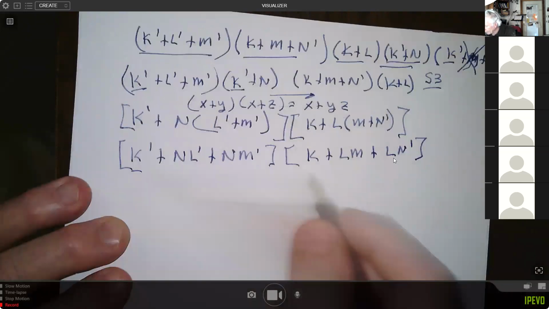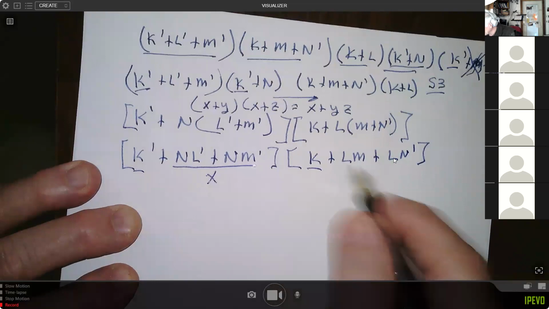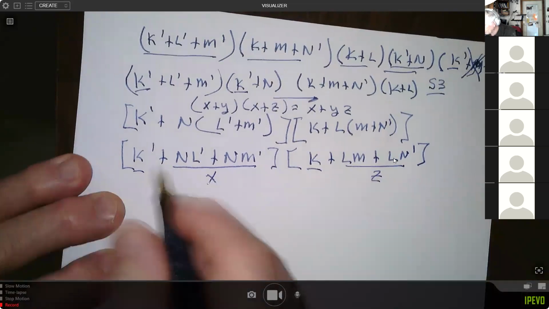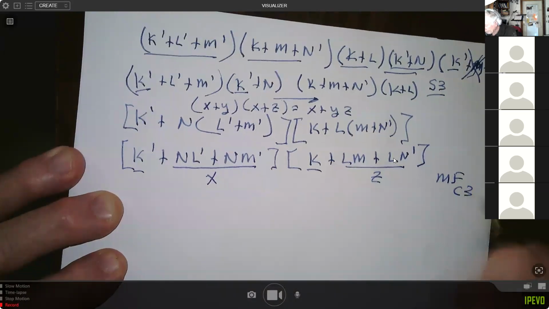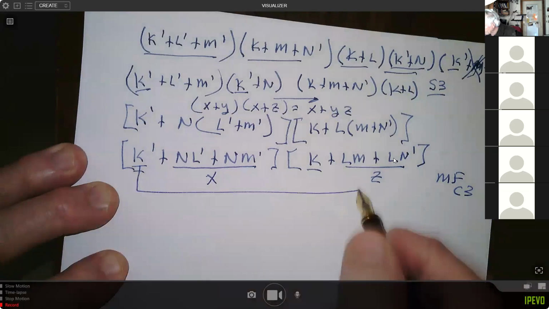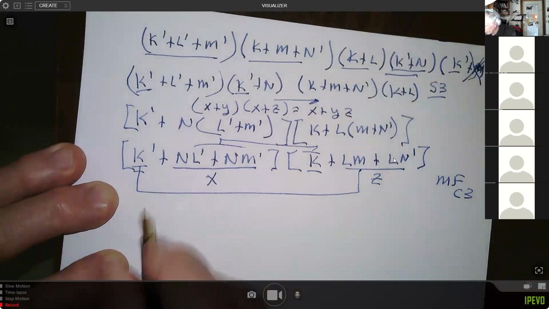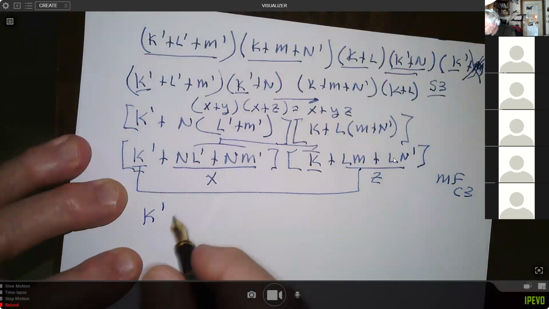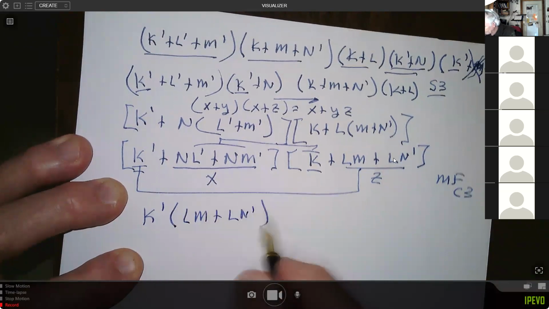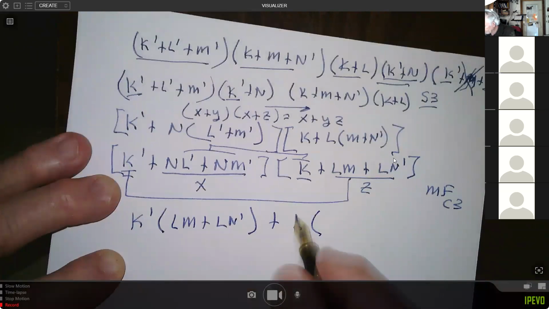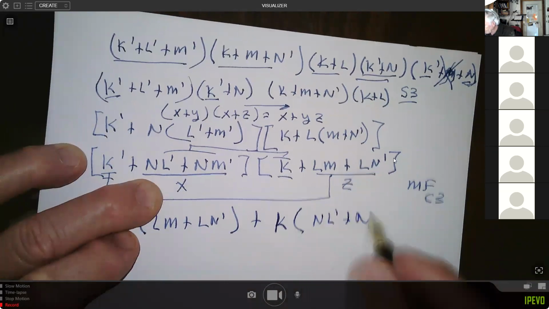Now we have a K and a K prime and an X and a Z here. So we can use the multiplying and factoring, or C3, and we can take K with this, K prime with that, and K with this. And so that's just going to give us K prime times LM plus LN prime plus K times NL prime plus NM prime.